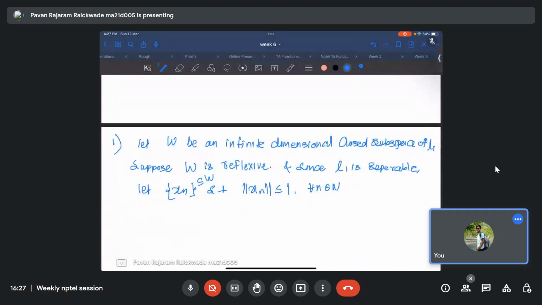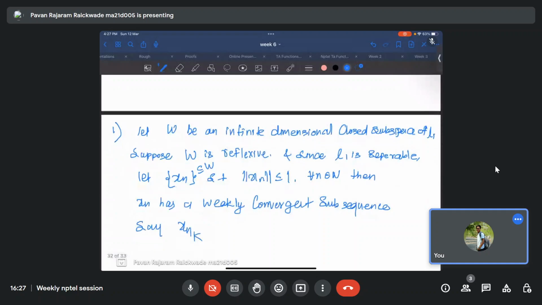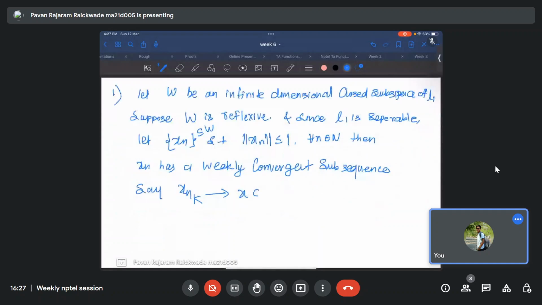then Xn has a weakly convergent subsequence, say Xnk, converging to X, which implies Xnk converges weakly to X in L1 also, correct?